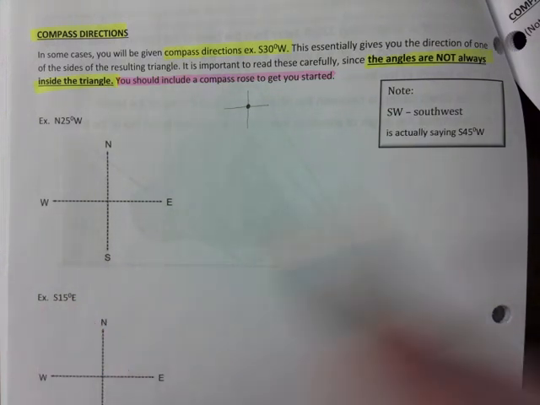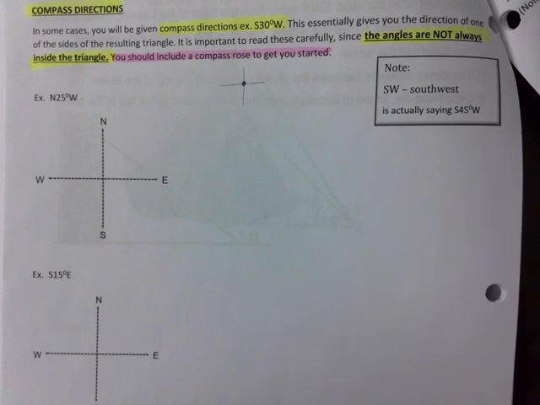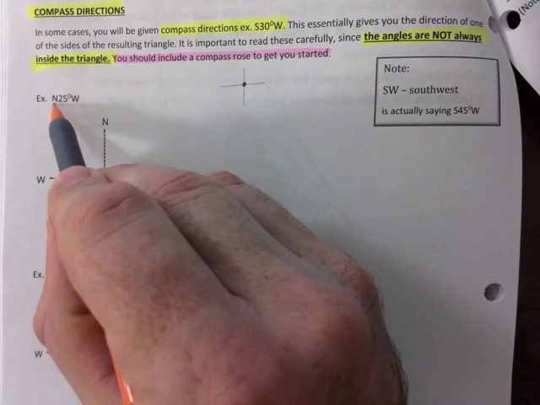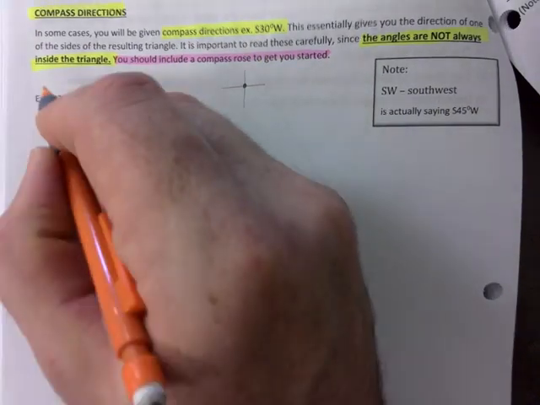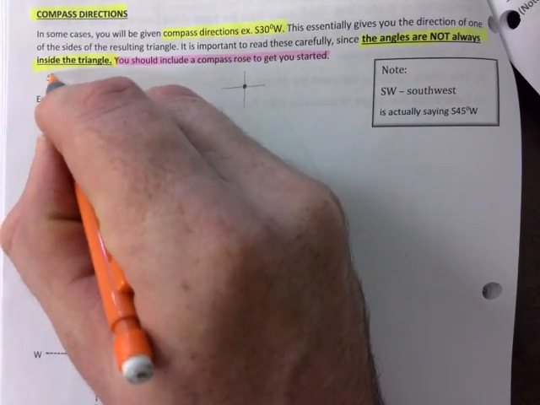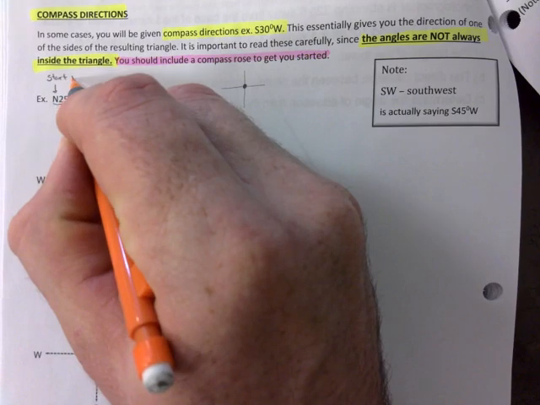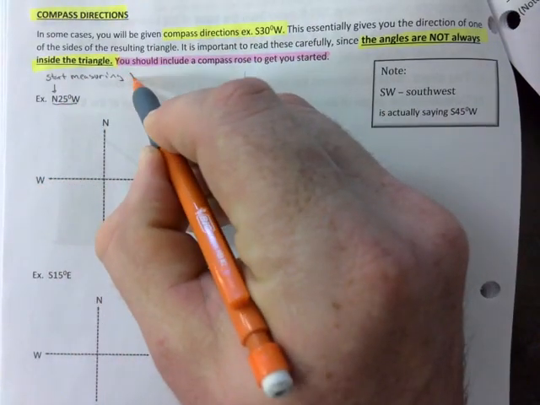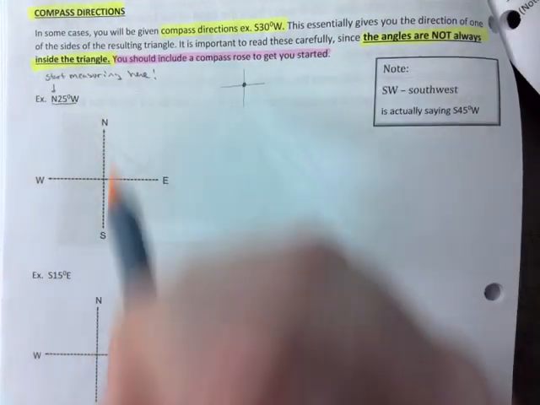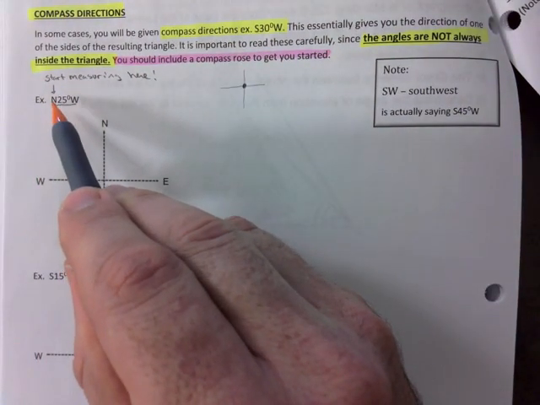So let's visualize this. If you read north 25 degrees west, it means that you start here, start measuring here. When it's north, that's where you start.